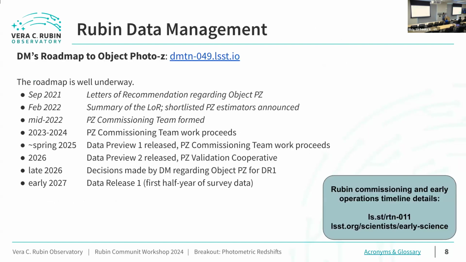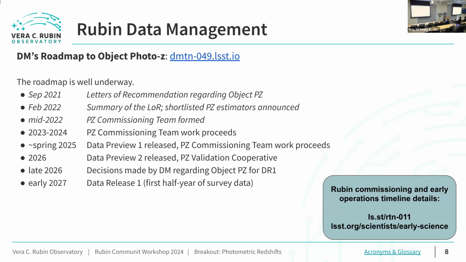So the timeline here, we're in the middle of this timeline, which started about 3 years ago with a call for letters of recommendation. In February 22, the summary of those letters of recommendation were released, and a shortlisted set of photo Z estimators that DM will look at implementing or using was announced. The PZ commissioning team was formed. The PZ commissioning team, we meet roughly once a month.